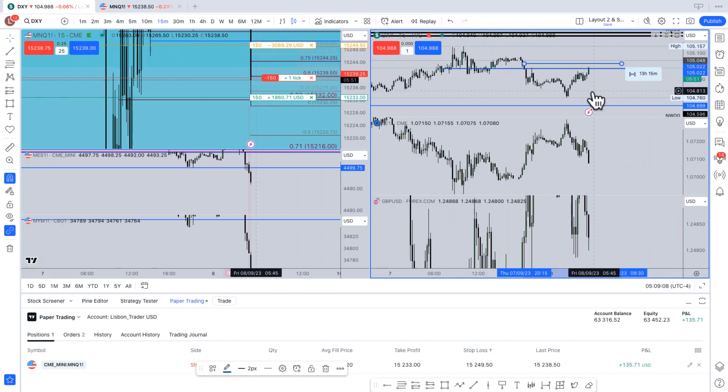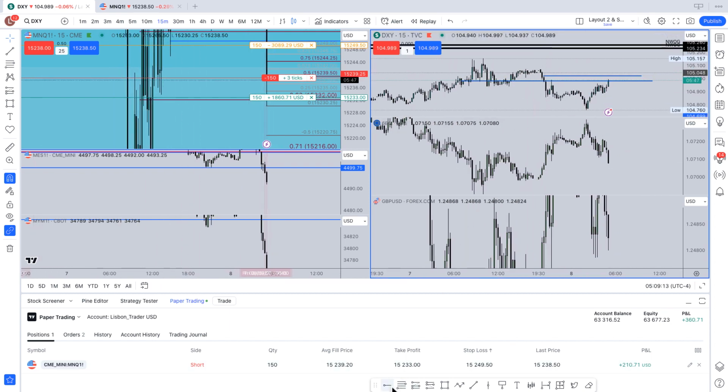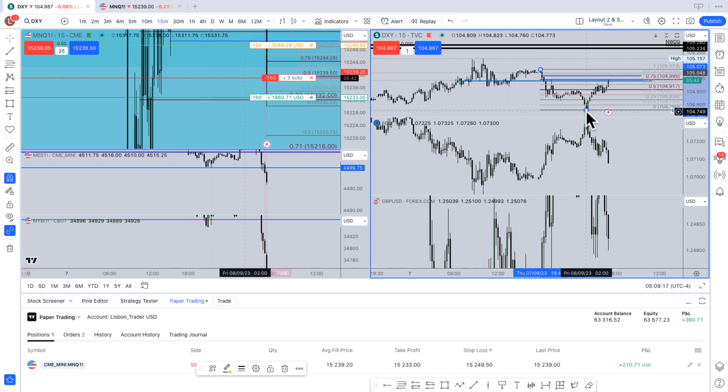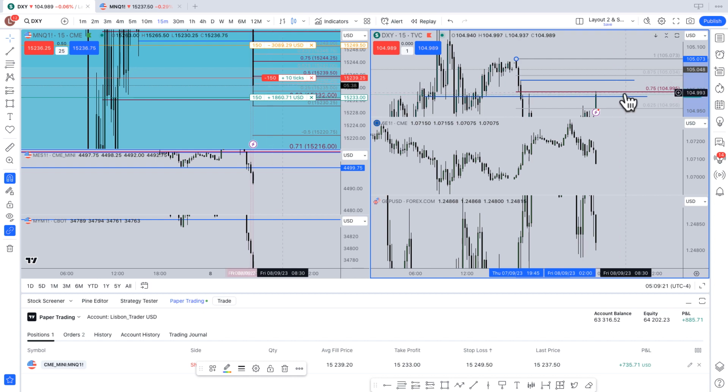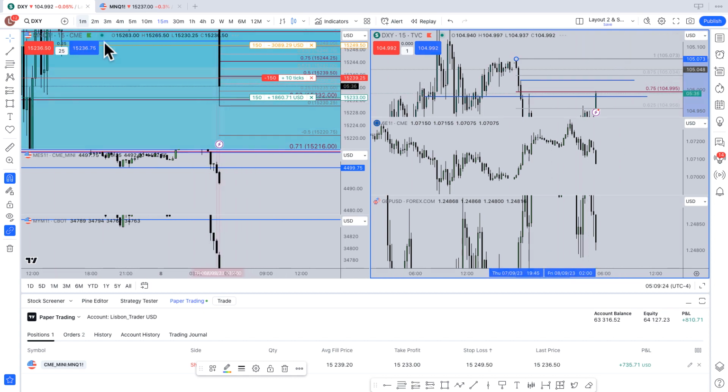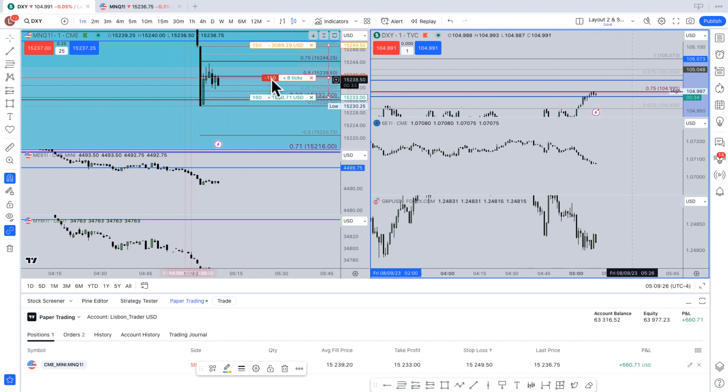So this would be what? 75% level. So here we have some profit.